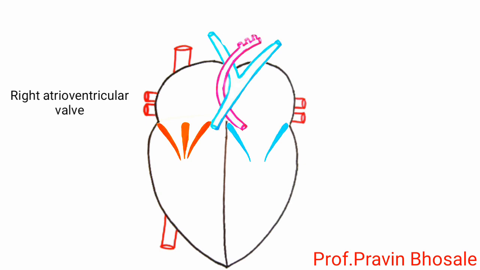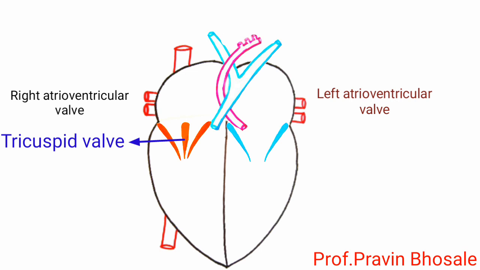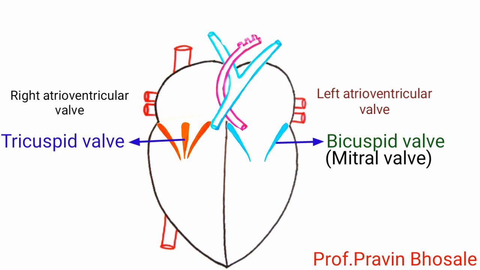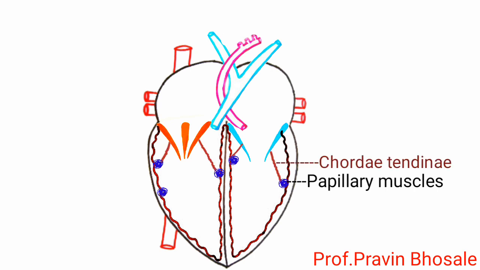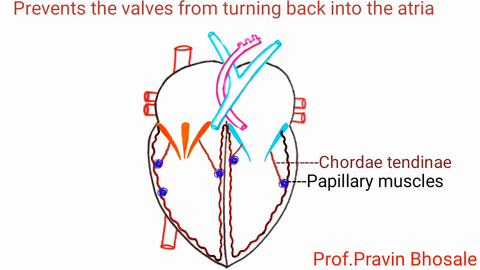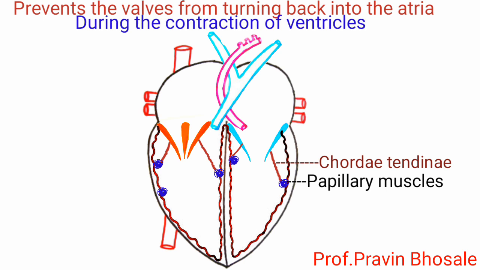The right atrioventricular valve has 3 flaps, hence called the tricuspid valve, while the left atrioventricular valve has 2 flaps, hence called the bicuspid valve or mitral valve. These valves are attached to the papillary muscles of the ventricle by chordae tendineae. The chordae tendineae prevent the valves from turning back into the atria during the contraction of the ventricles.